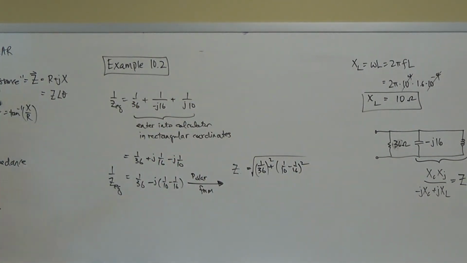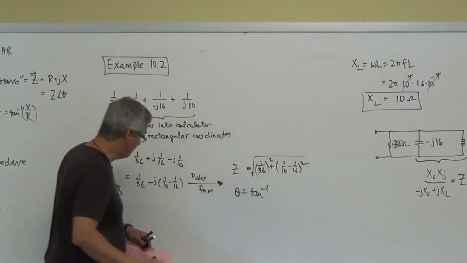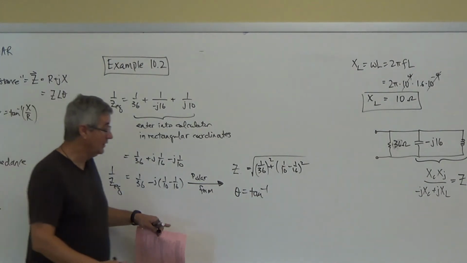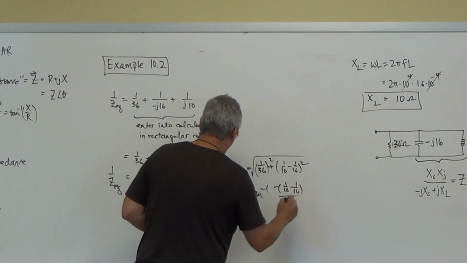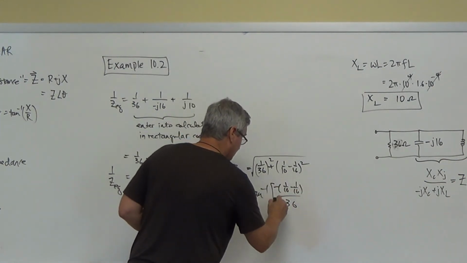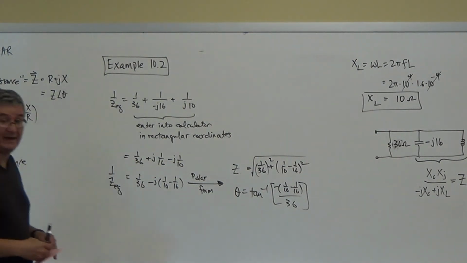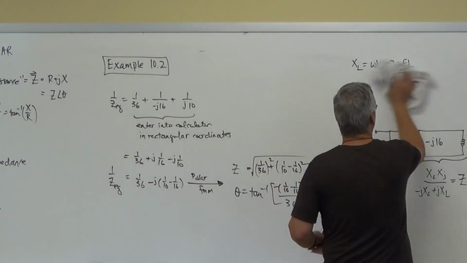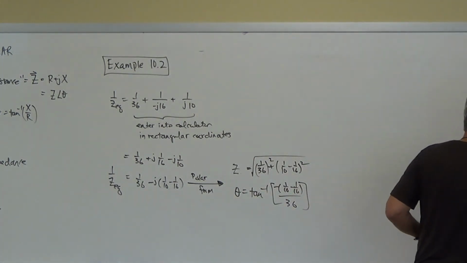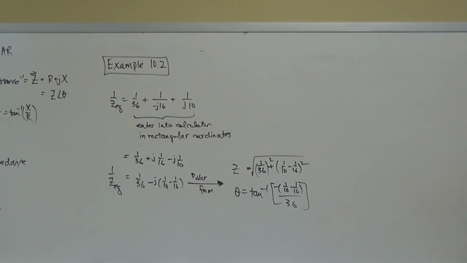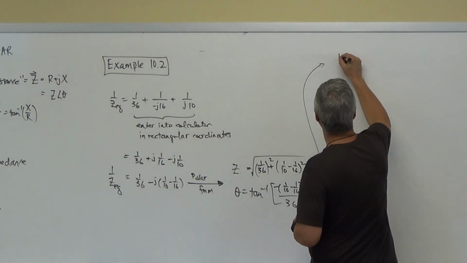And then what do I do? I get the angle. The angle is going to be what? It's going to be the imaginary part, which will be minus 1 over 10 minus 16 over 36. And so when I get that form, what do I get? What I get here is that I now have a vector that looks like this.